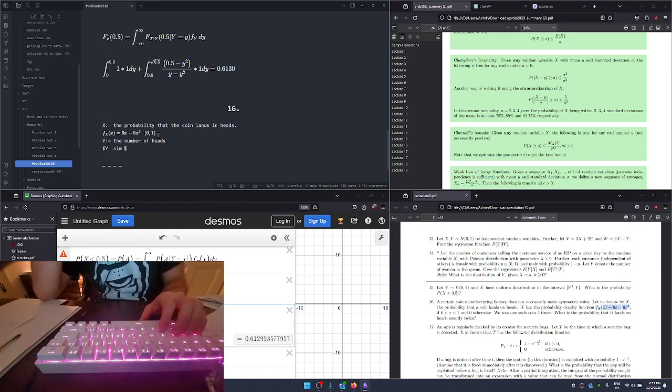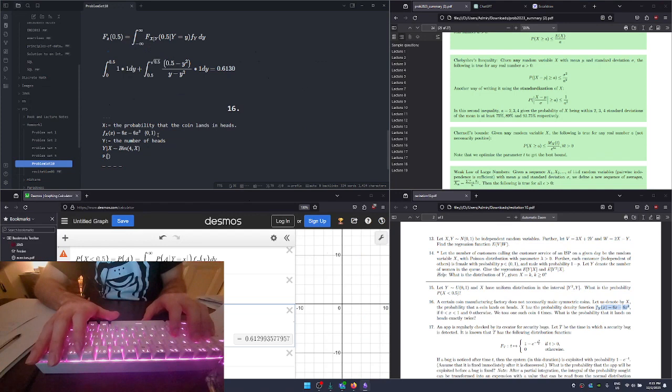Y given x is binomial of 4 and the probability x. The question is, what is the probability it lands on heads exactly twice? So we have p of x.